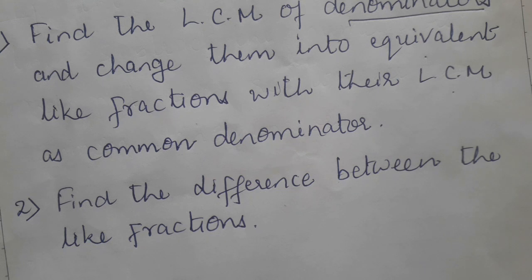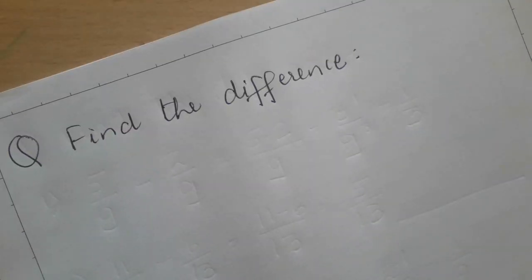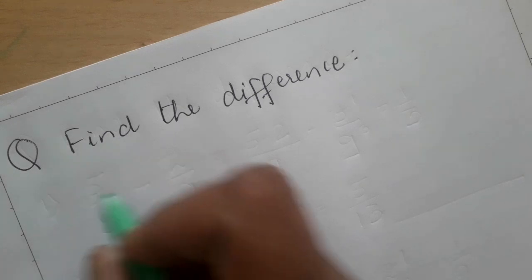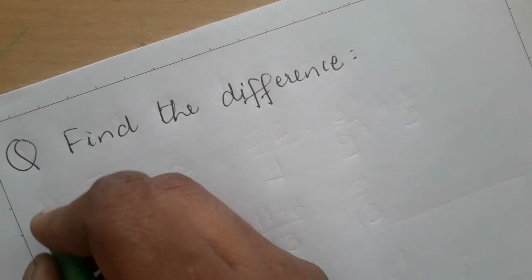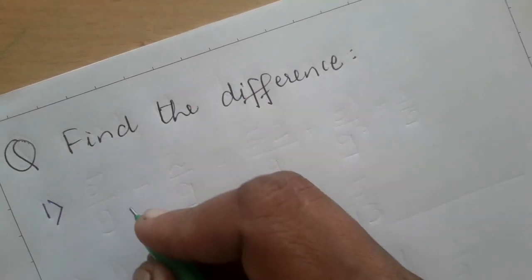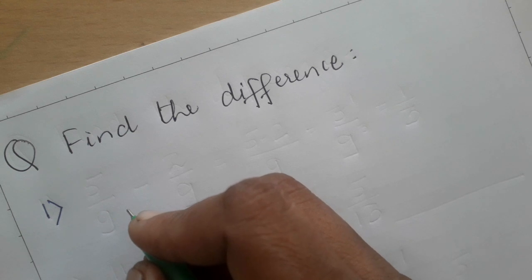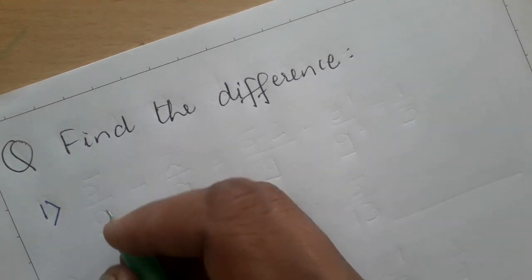So let's see a few examples so that you have a clear conceptual understanding. See the question given here. Find the difference. Now I am going to give you examples where the denominators are not same. That is, they are unlike fractions.